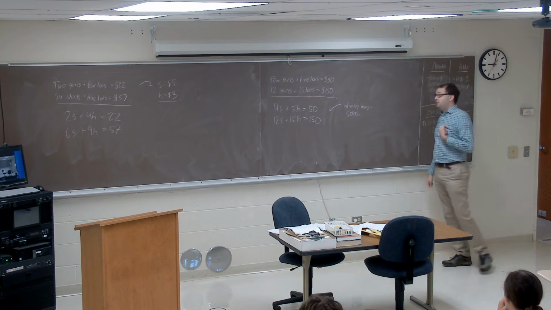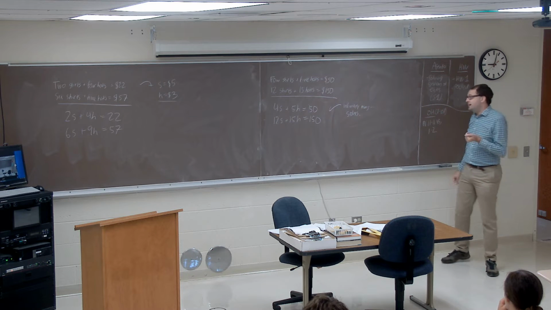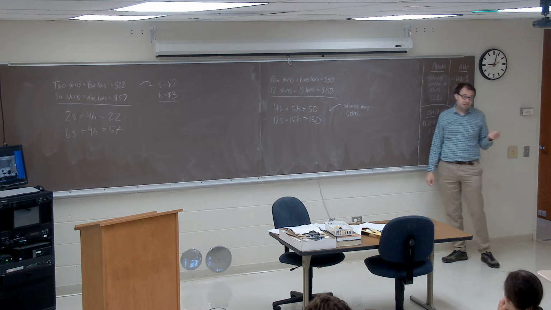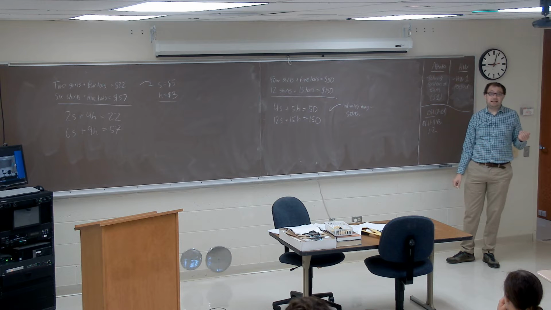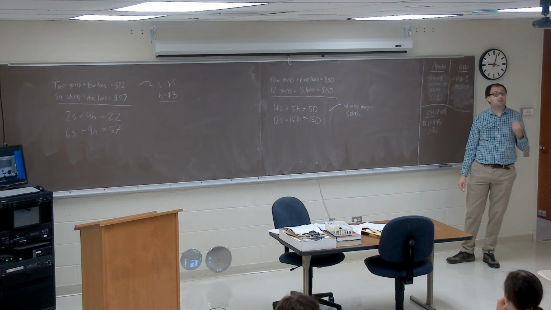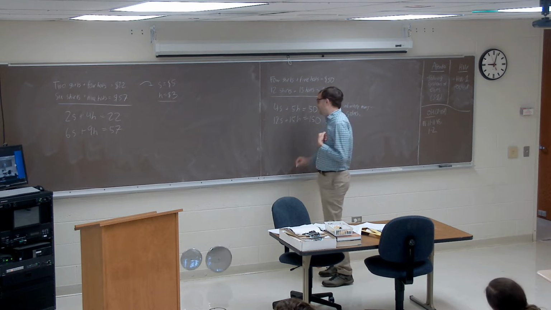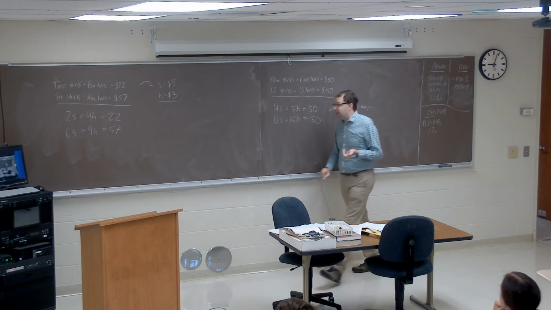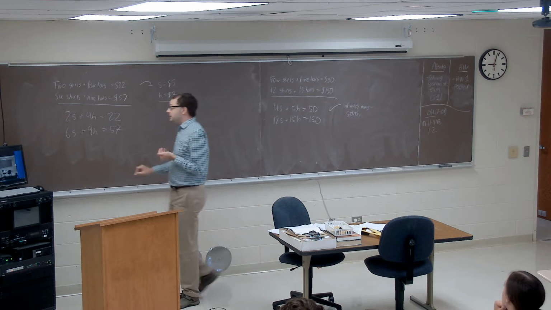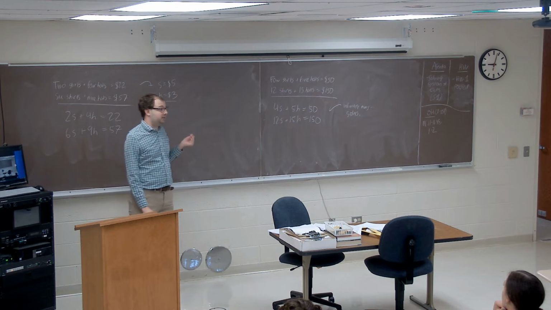And so if all of the information we're given about S and H is that 4S plus 5H is 50, well, there's technically infinitely many possibilities for S and H, assuming we have a very whimsical store that allows you to sell at fractional prices, or irrational prices even. Whereas over here, we were able to find a unique solution to our system of equations.